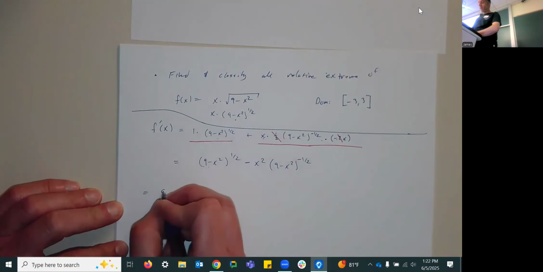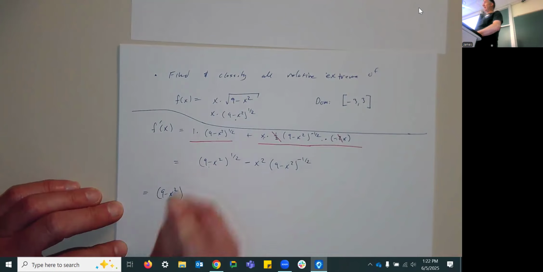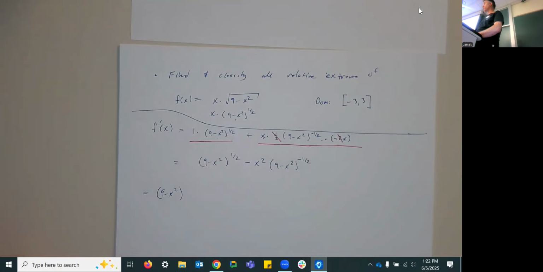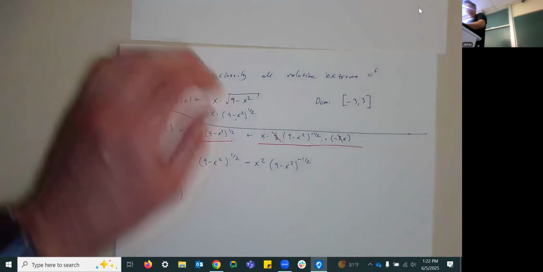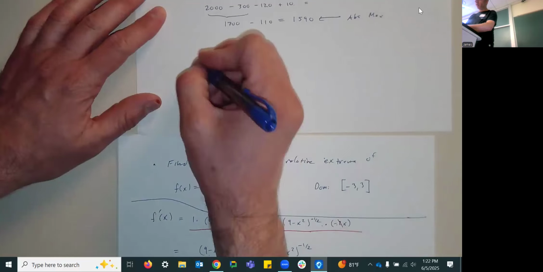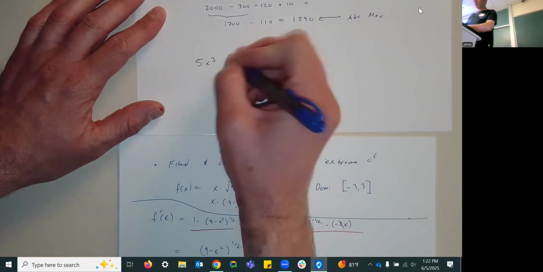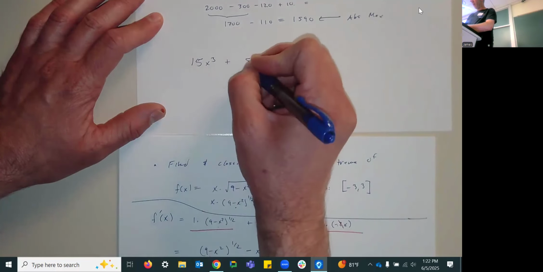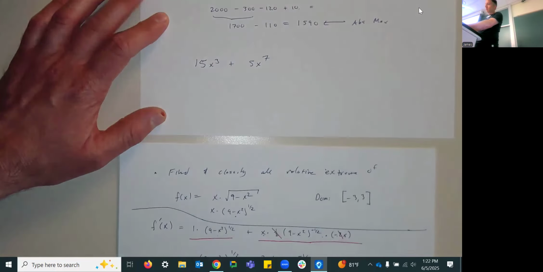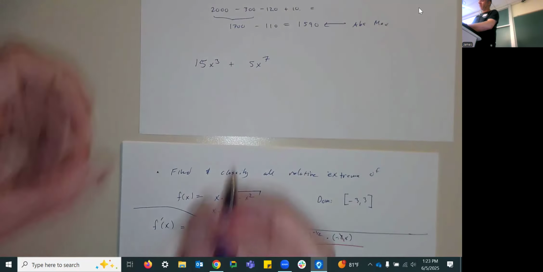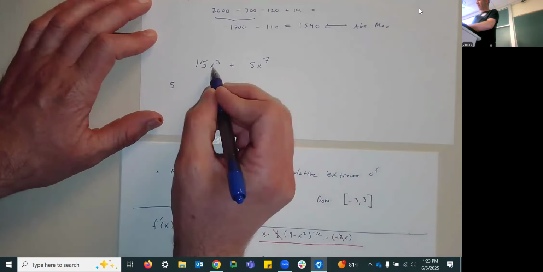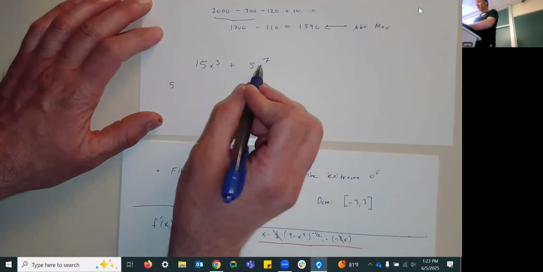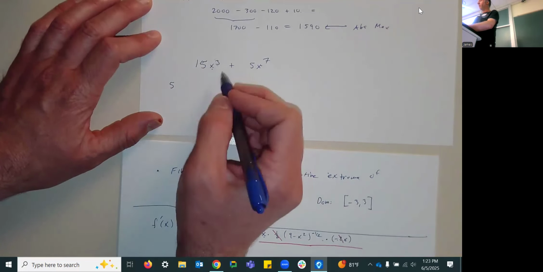So you're always going to factor out the lesser of the two powers. Just like if you were factoring 5x cubed plus 15x cubed plus 5x to the 7th. You factor out a 5 because it's the common factor that's smaller, and you factor out the x to the 3rd, not the x to the 7th, because the 3 is the smaller of the two powers.